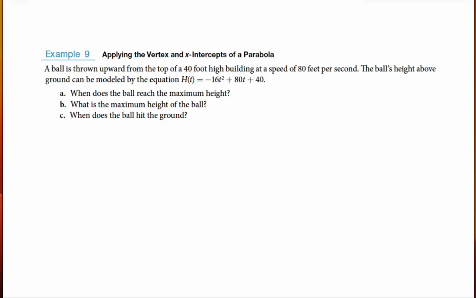Anyway, when does the ball reach a maximum height? Well, it's an upside down parabola. Where does the maximum occur? It occurs at the vertex. So we get to do negative b over 2a. Now it says when. The word when tells us we're looking for time. So we'll call it t like they did. Okay. So we're going to do negative b over 2a very quickly.